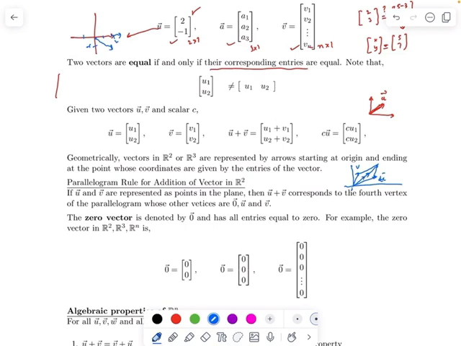This is called the parallelogram law. Note what we did: the u vector was already there, so we picked the v vector from its position, moved it to the right and a little bit up, and put it on top of the u vector. We join the tail of v with the head of u, and that makes it u plus v. You can think of it like this.